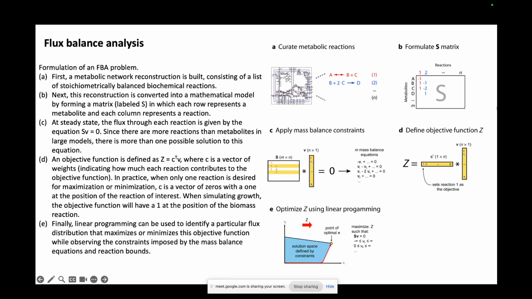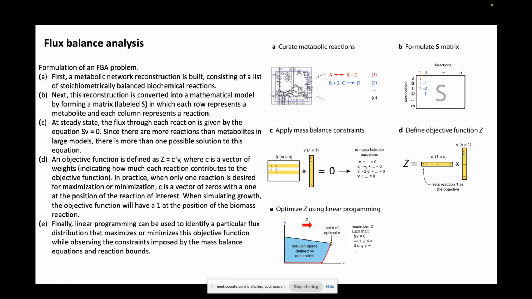You formulate the stoichiometric matrix, with each row denoting a metabolite, and each column denoting a reaction. After you form this matrix, you use mass balance constraints. We'll talk about this maybe later, but basically you apply constraints.